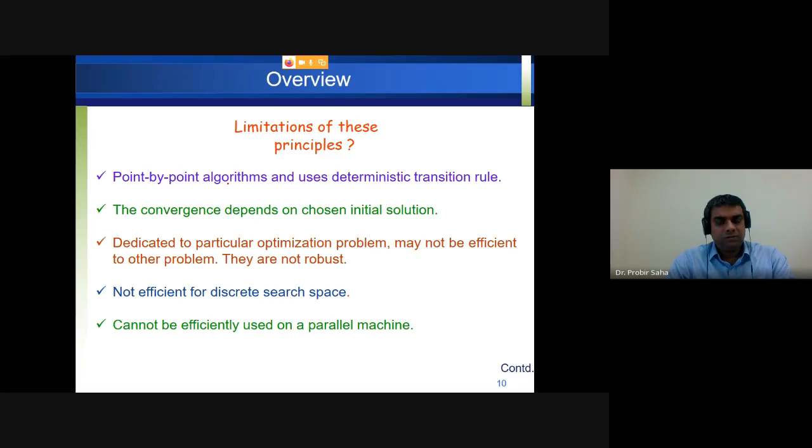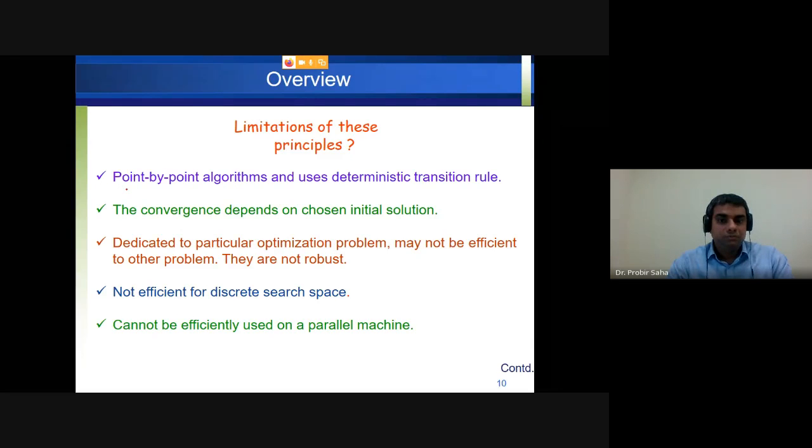What do you mean by classical? It means that after each iteration, the previous solution gets updated. When this approach is used in optimization techniques, we call it a classical optimization approach. So we can understand that it is a point by point algorithm and uses a very deterministic transition rule.